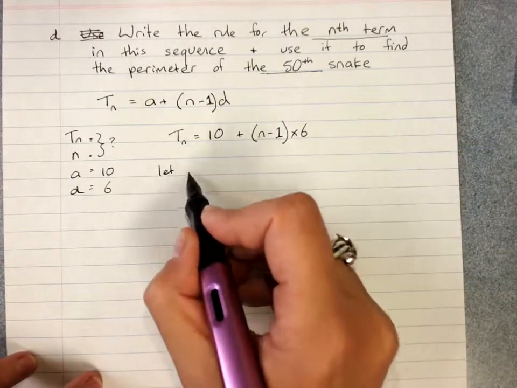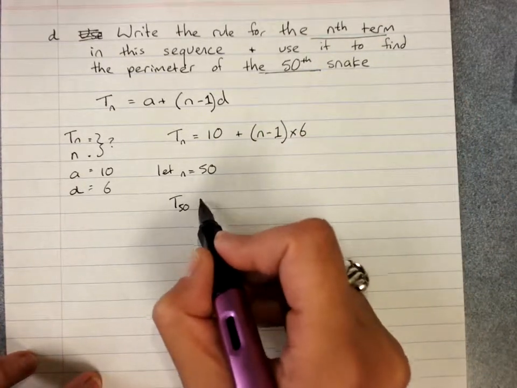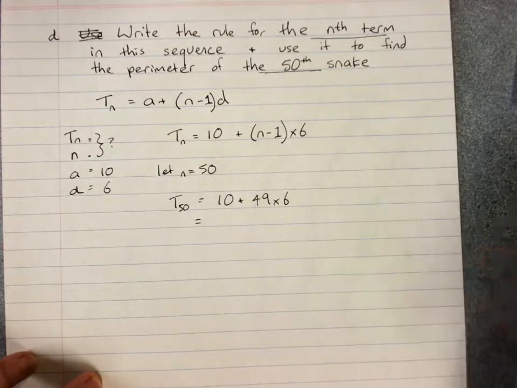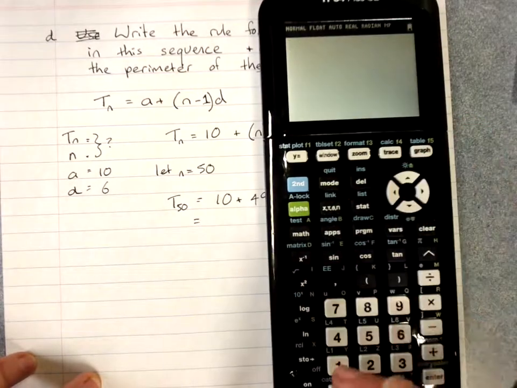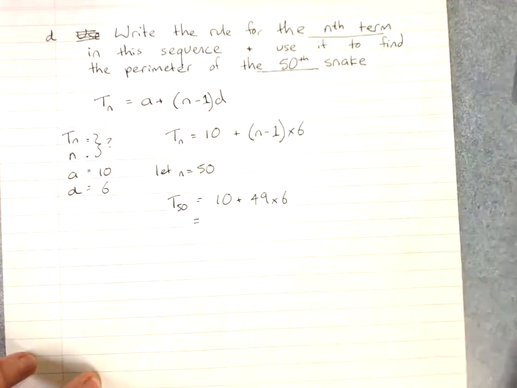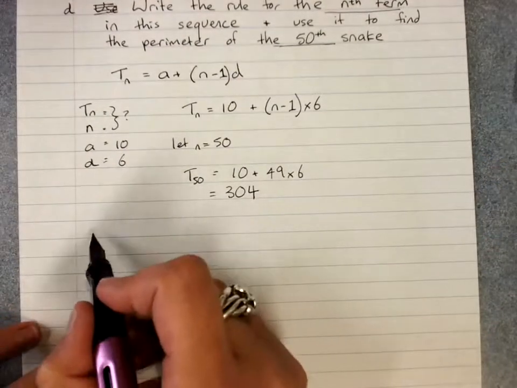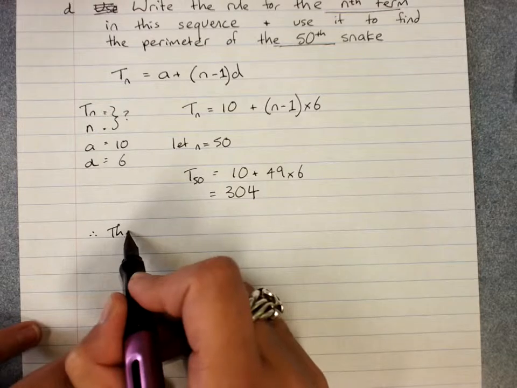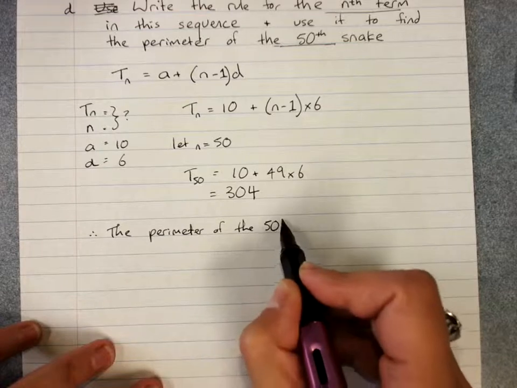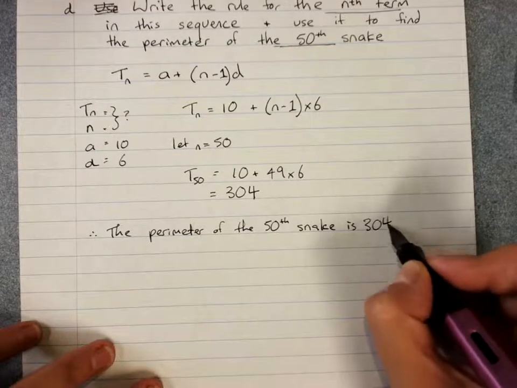Then let n equal 50 for the 50th snake. T50 is 10 plus 50 minus 1 is 49 times 6. 304 is the perimeter of the 50th snake, and because it was a word question, word answer, the perimeter of this 50th snake is 304 units.